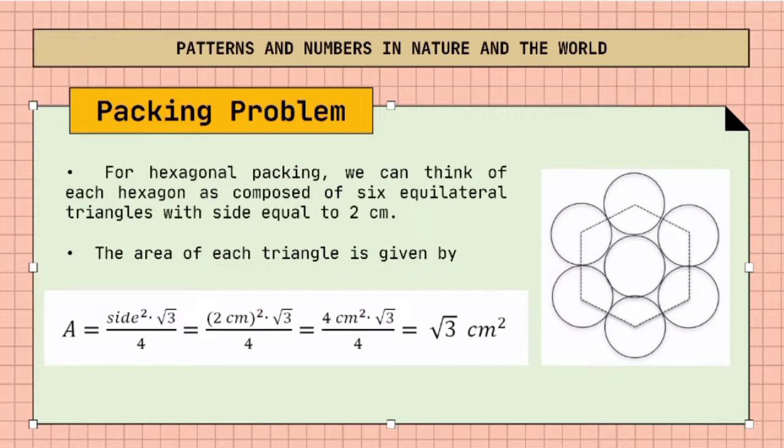We substitute the given sa formula: yung side is 2 centimeters, so 2 centimeters squared times square root of 3 over 4 is equal to 4 centimeters squared times square root of 3 over 4, which is equal to square root of 3 centimeters squared. So yun ang area ng triangle.